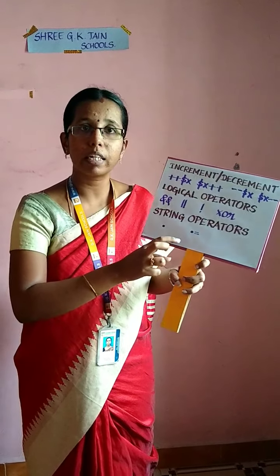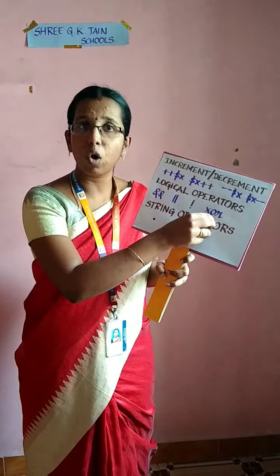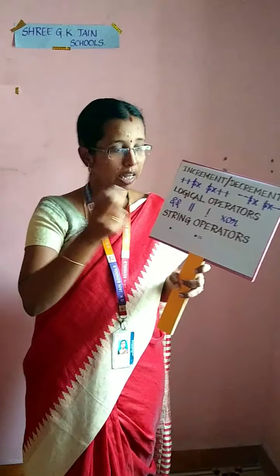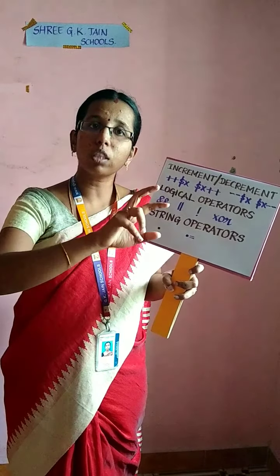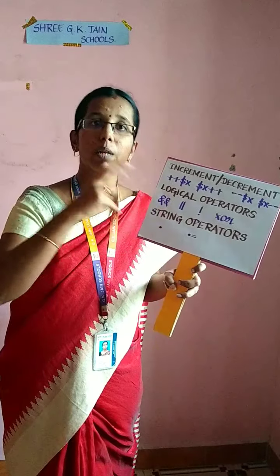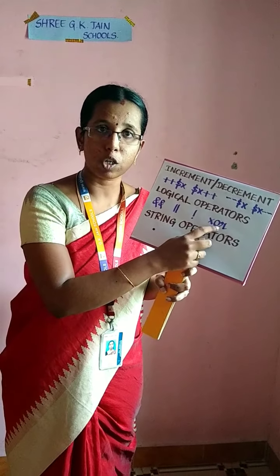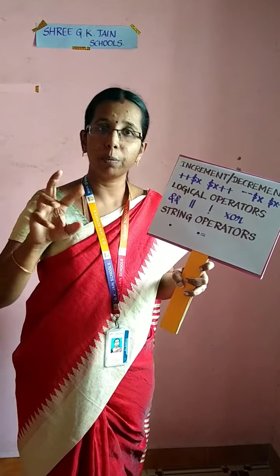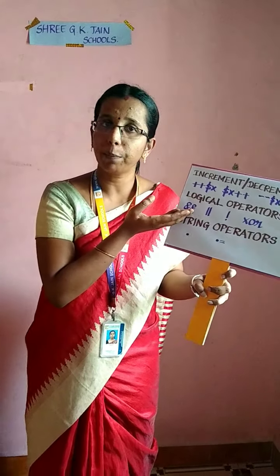And XOR operator in the sense, you will have a false output if you have the same inputs. Likewise, if both inputs are true or both inputs are false, then your output will be false in your XOR. Output will be true if either one of the inputs is true. These are the four logical operators in your PHP.